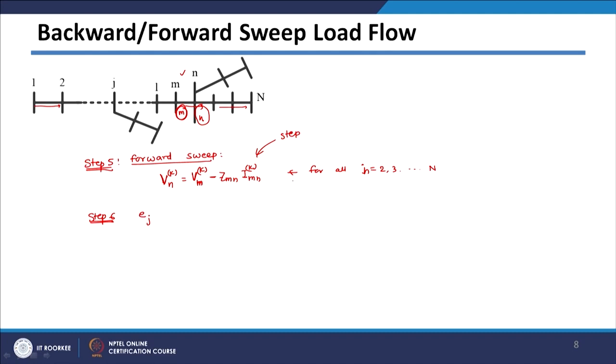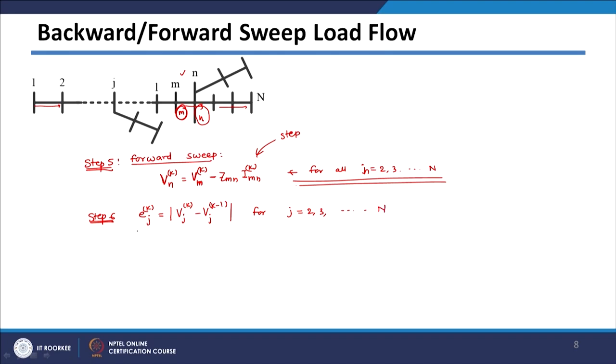So, using this we are calculating voltages of each bus, and then E_j, the error in voltage of jth bus in kth iteration, will be equal to the mod of V_j, the voltage of jth bus at kth iteration, minus the voltage of the same bus at the earlier iteration, k minus 1th iteration, and we are taking the mod of it. Here also this will be repeated for j going from 2, 3 up to n.